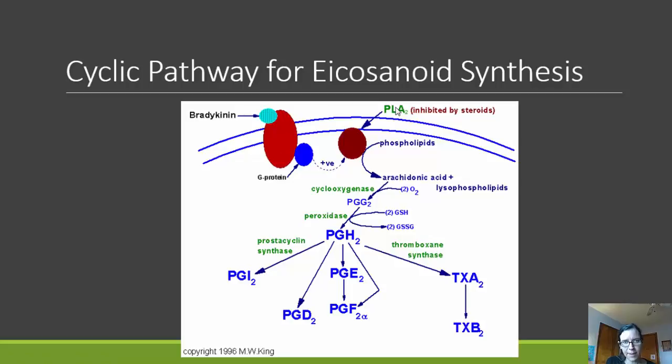We know that phospholipase A2 is going to lyse arachidonic acid from our cell membrane, right? So here we have that. And then that's going to be metabolized through our cyclooxygenase and peroxidase enzymes in order to form all of these different types of prostaglandins and thromboxanes.